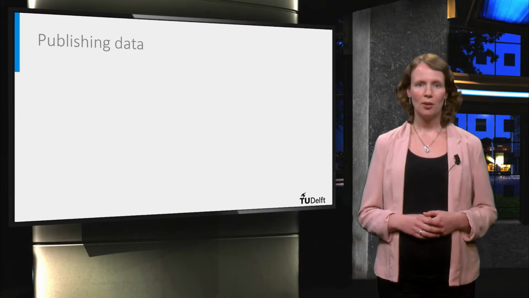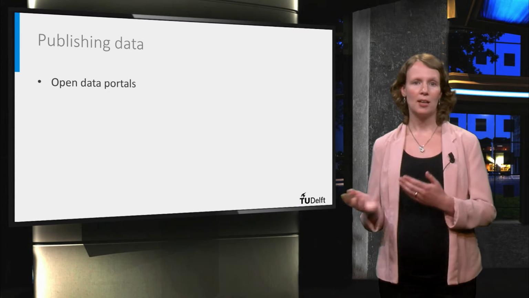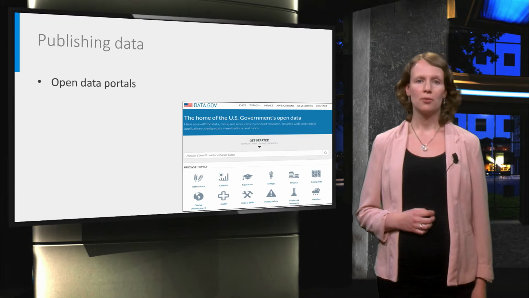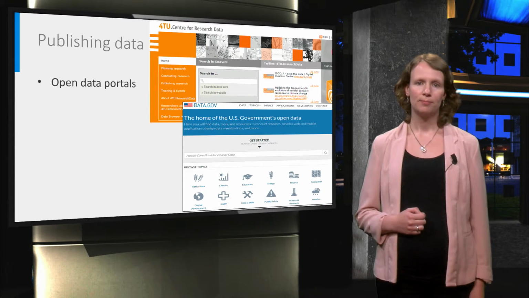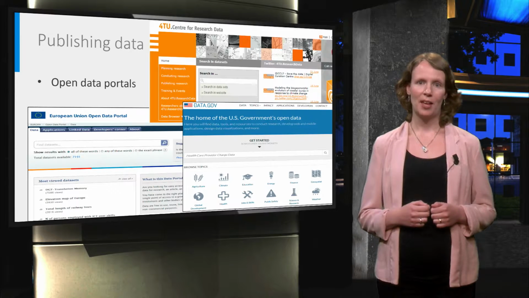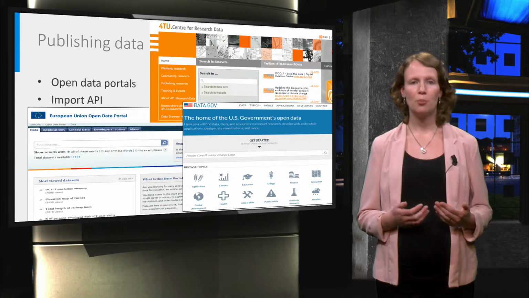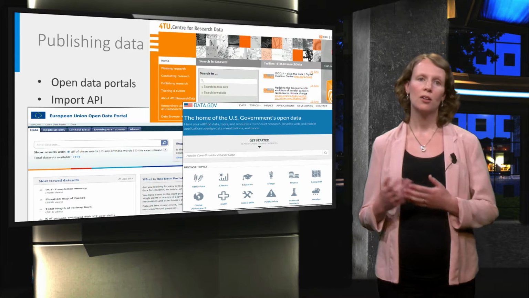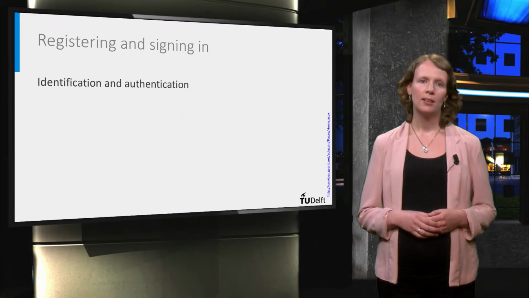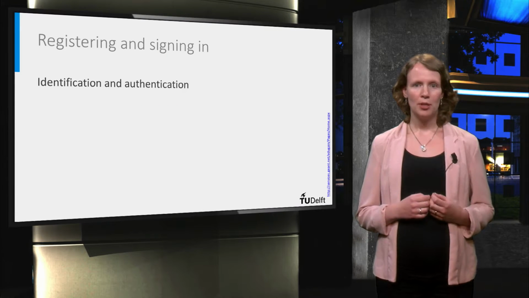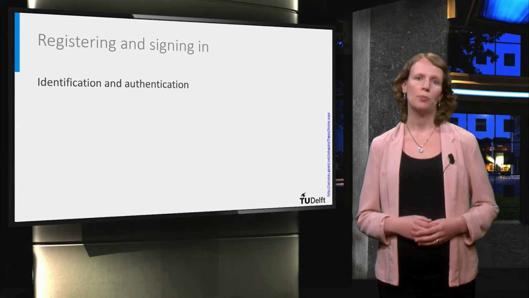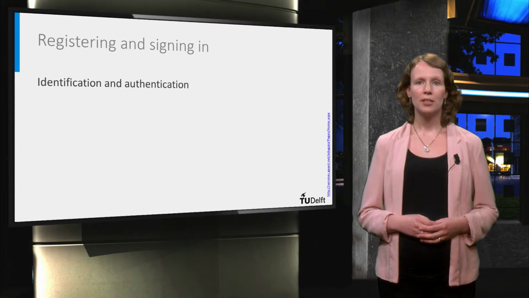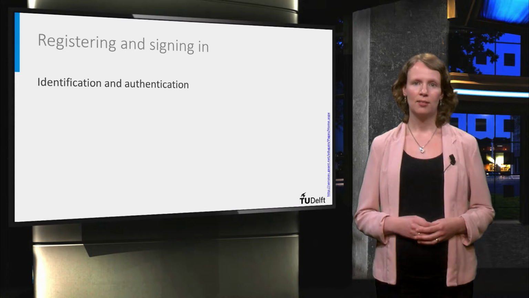Data can be published on open data portals such as data.gov, 4TU Centre for Research Data, and the European Open Data Portal. In addition, APIs allow for automatically importing and uploading datasets to the web. When data has been published and has become accessible for users, the Open Data Portal may require that the user registers and signs in.